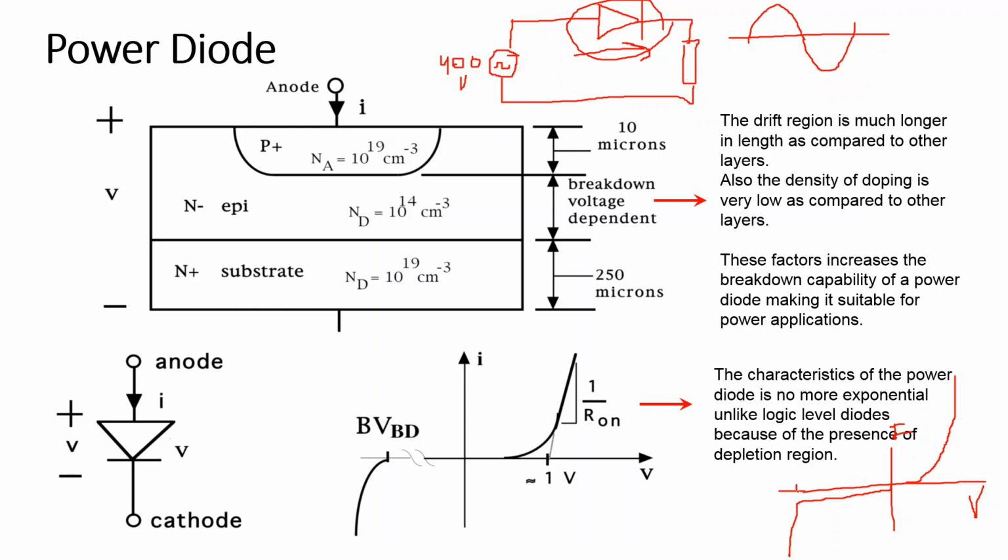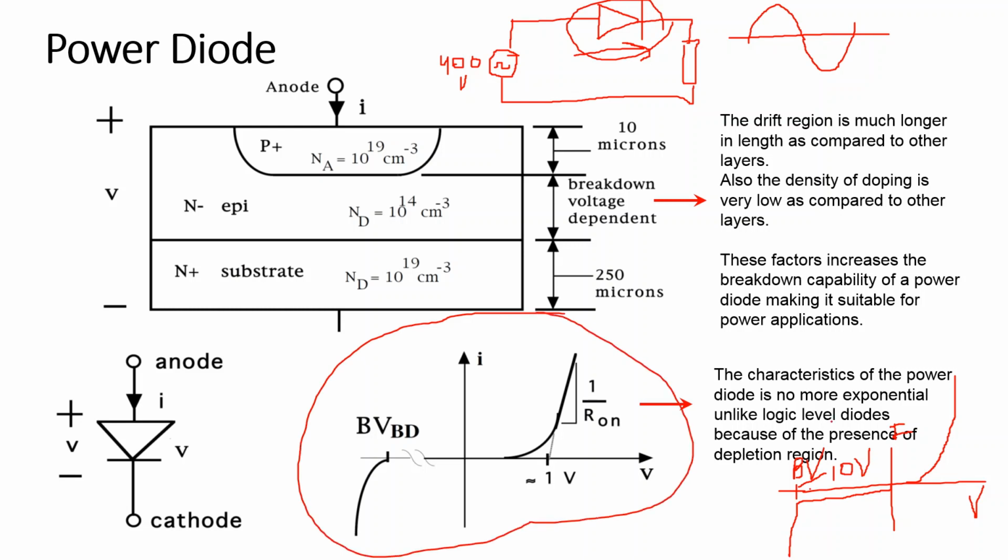So this is your breakdown voltage here. In logic level diodes, this value of breakdown voltage may be 10 volts. But in power diode, the characteristics of the power diode are shown here. So in power diode, this breakdown voltage in the reverse direction may be, let us say, 1000 volts.